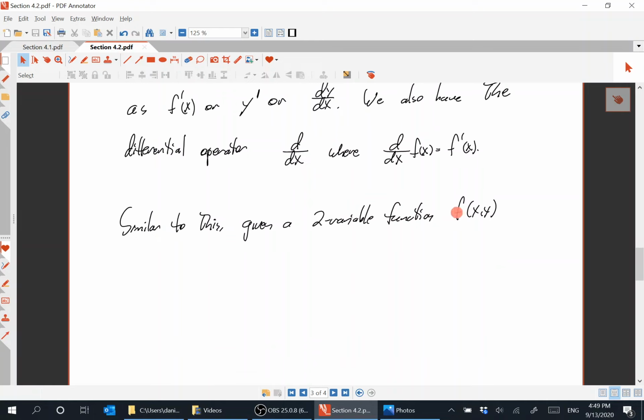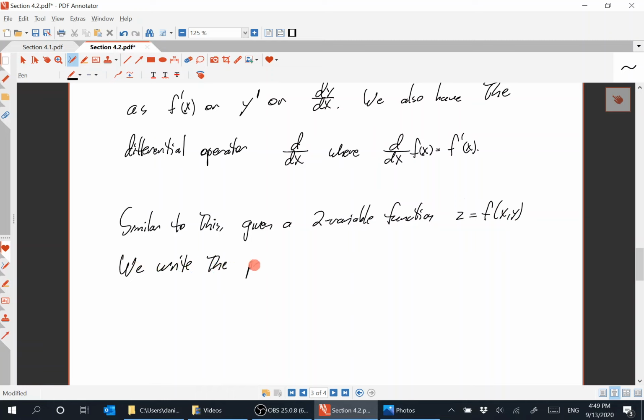Similarly, given a two-variable function and the equation z equals f(x, y), we write the partial derivative with respect to x as f_x. Or sometimes you just write z_x, dispensing with the f entirely.